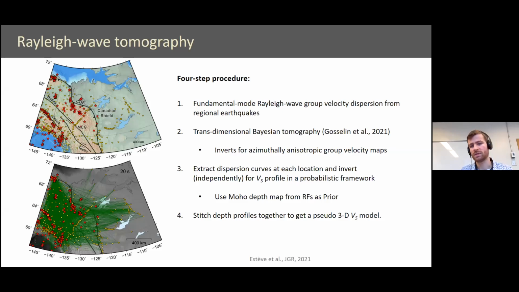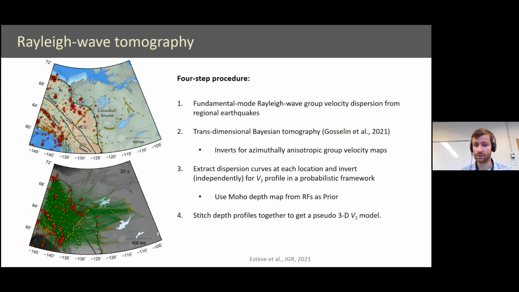We use this 4-step procedure, which is quite common in geophysics and seismology. You first pick fundamental mode Rayleigh-wave group velocity dispersion from regional earthquakes. Those regional earthquakes are shown on this figure to the left with these red stars. They are magnitude 4.5 and greater, and they all occurred between 1993 and 2019.